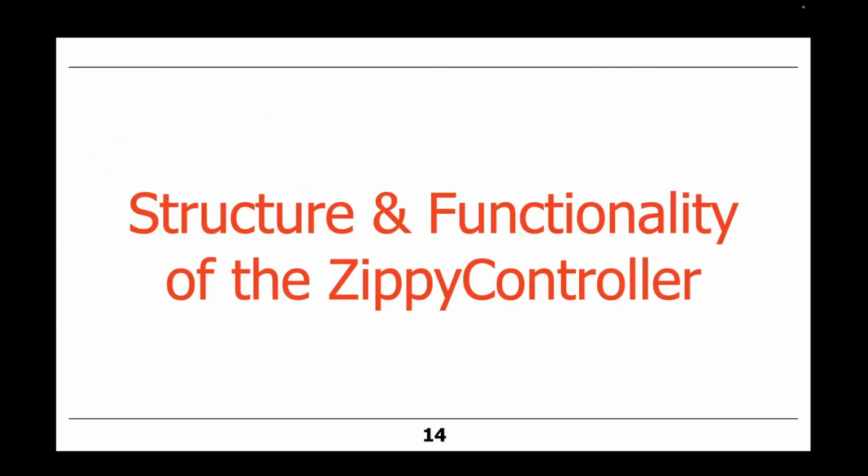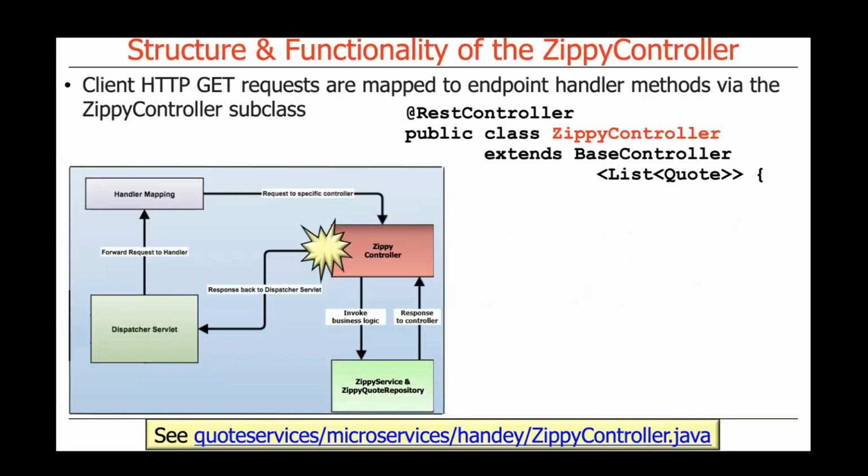Let's also spend just a bit talking about the structure and functionality of the ZippyController. This, as usual, is going to take the client requests, both get and post requests, and it'll map them to endpoint handler methods using the ZippyController subclass.